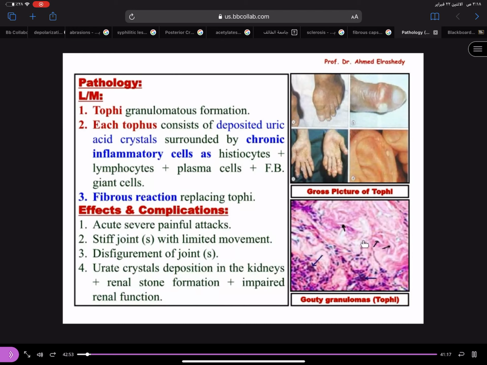Tophus or tophi are urate crystal deposition, and granuloma can form. What is that? It is surrounded by lymphocytes, and giant cells are there, and ultimately fibrosis will be formed. And the last, the complication, I will repeat: one of the important ones is kidney stone formation. So that is the summary of today's lecture.